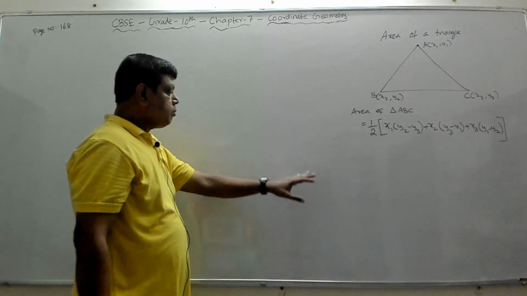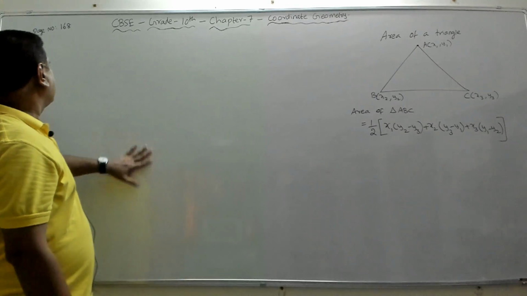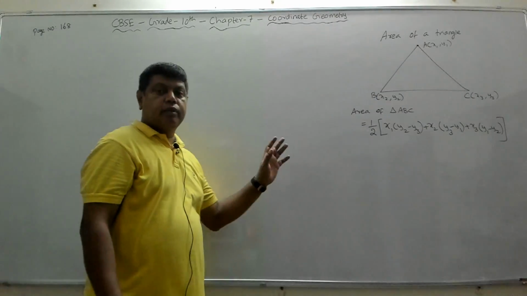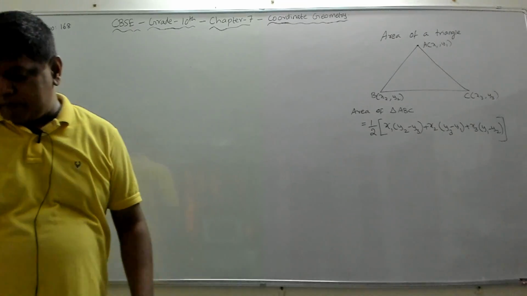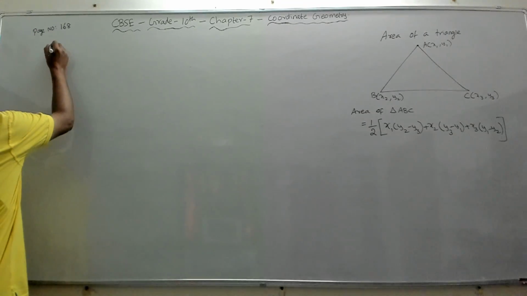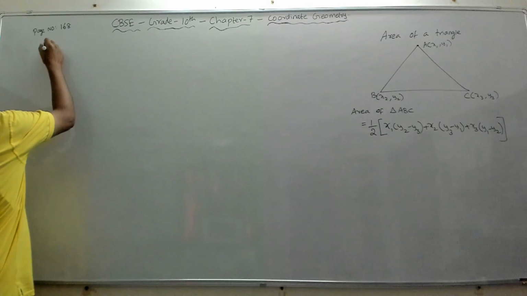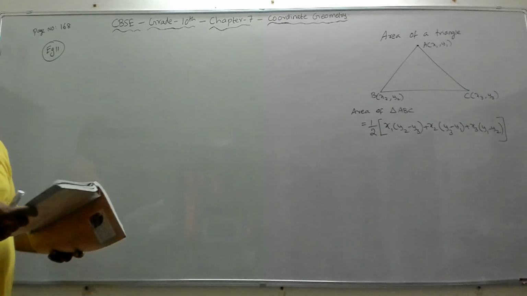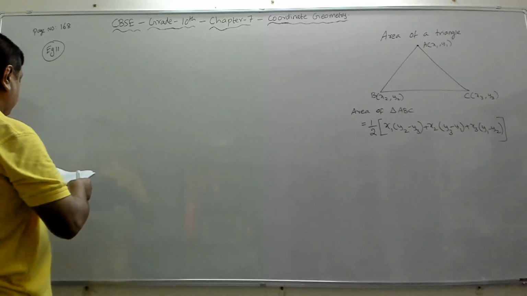Fine. So we'll do some problems on how to find the area of a triangle when three vertices are given. I am at example 11 in your textbook. Example 11 says: find the area of the triangle whose vertices are given.